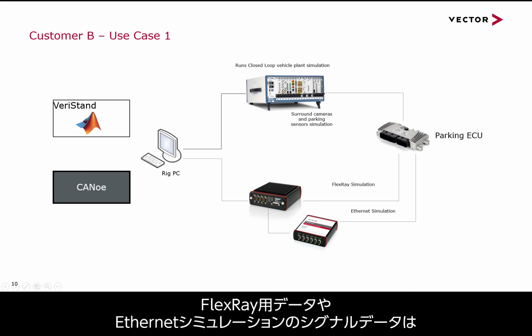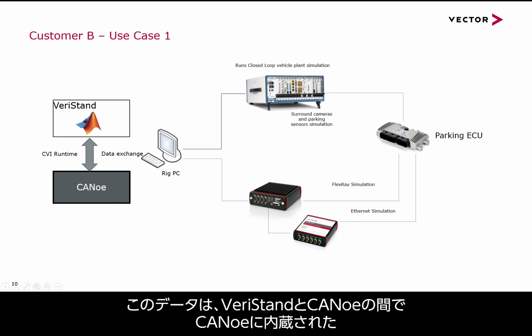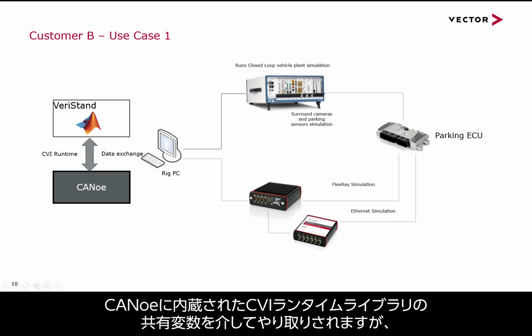The signal data for the FlexRay and Ethernet simulation would come from the MATLAB Simulink models within the NI platform. That data would be exchanged between VeriStand and CANoe over the shared variables CVI runtime library, which is embedded within CANoe.